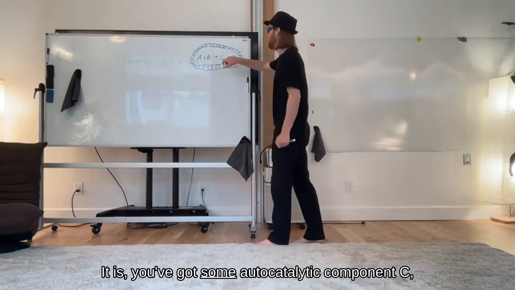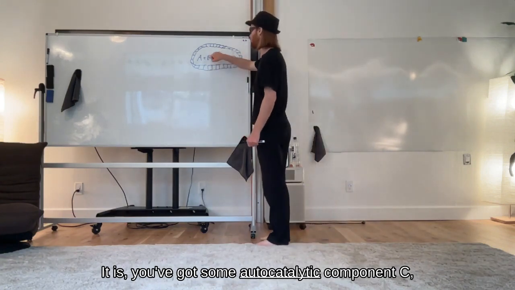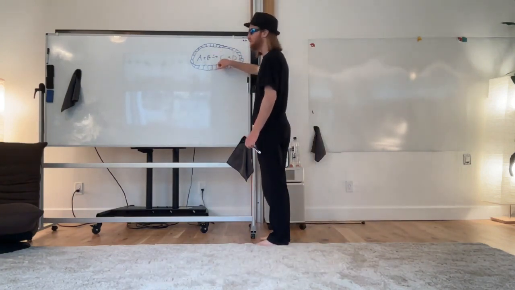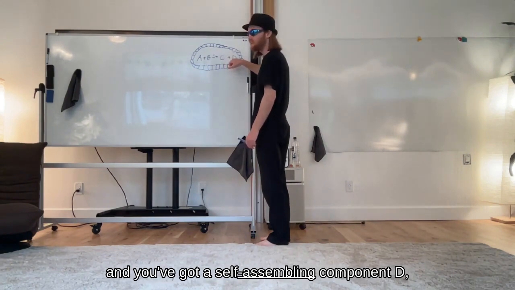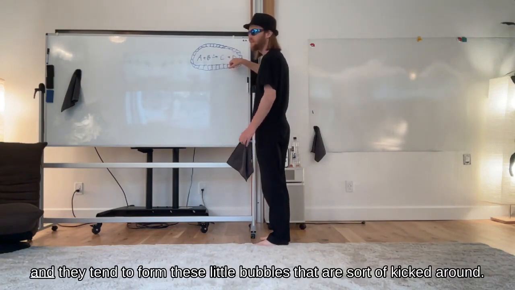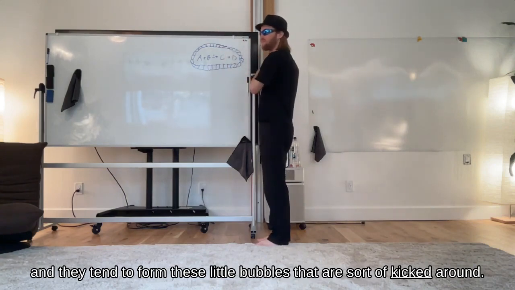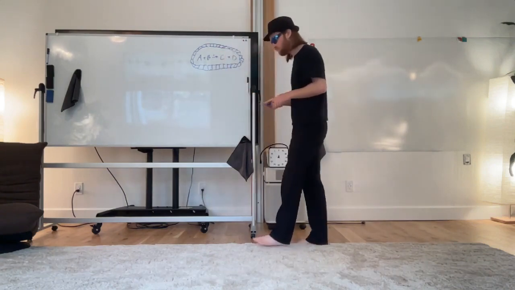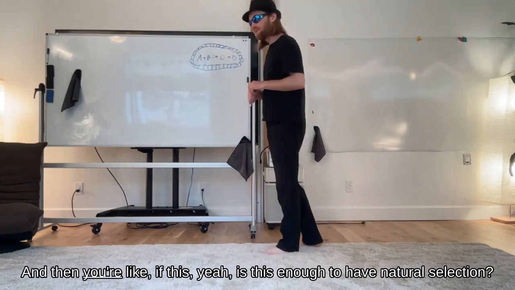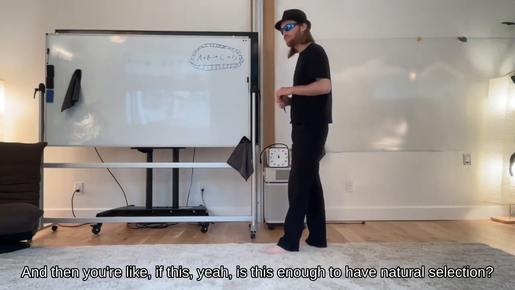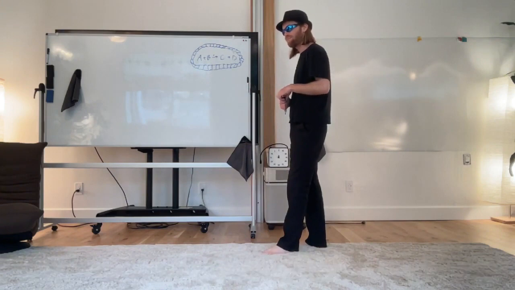You've got some autocatalytic component C, and a self-assembling component D, and they tend to form these little bubbles, just sort of kicked around. Is this enough to have natural selection?